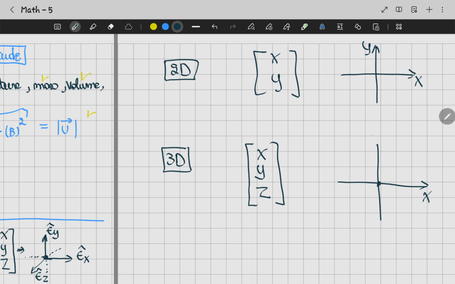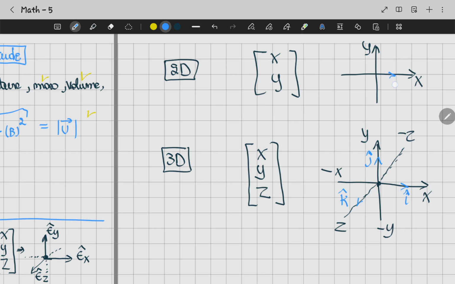This is where we're going to put x, y, and z. So negative x, negative y, and here negative z. Otherwise, we could even add this is i, this is j, and this is k.